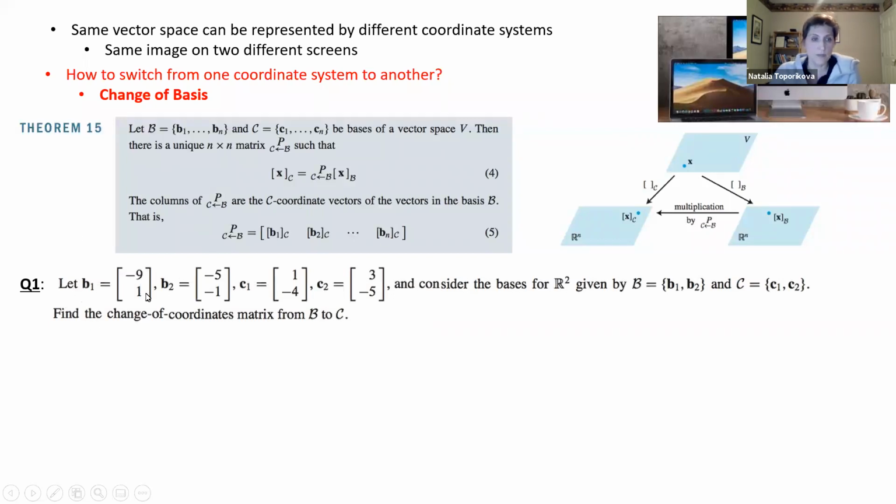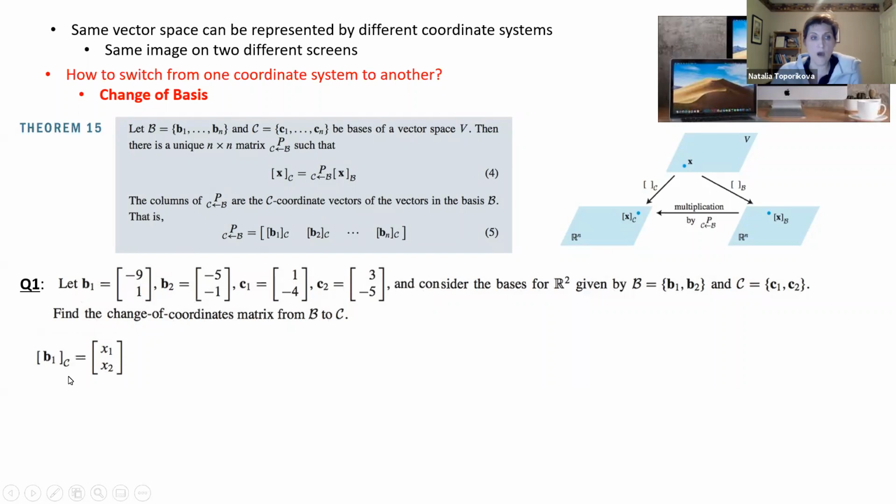Let's look at two bases. Basis B has vectors B1 and B2, and basis C has vectors C1 and C2. And let's find the matrix which helps us to move from the coordinate system of B to the coordinate system of C.